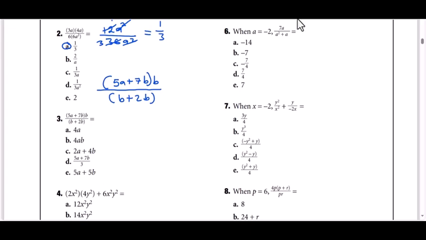For me to distribute, I have to multiply these terms. Expanding this bracket becomes 5ab plus 7b squared, because b times 5a becomes 5ab, and b times 7b becomes 7b squared, all over.